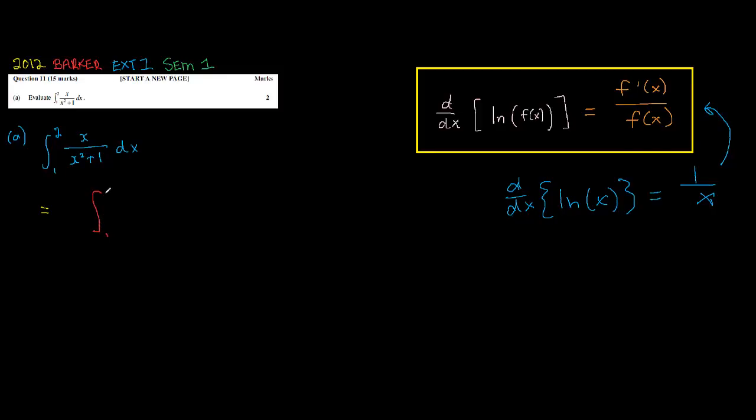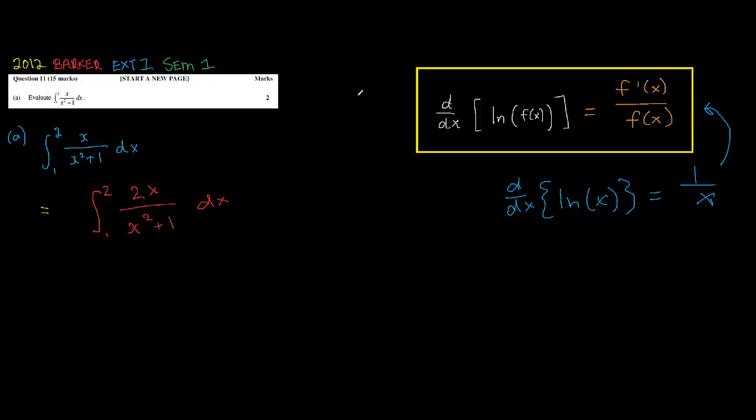That would be awesome, because if we had 2x on top, we'd get 2x over x squared plus 1 dx, and the top is the derivative of what's on the bottom. When we differentiate x squared, we get 2x, we differentiate 1, we get 0. So we're in the form where we've got the derivative on top and the normal function on the bottom.